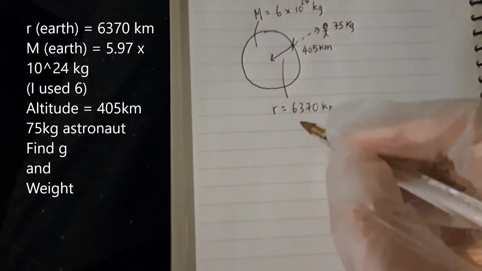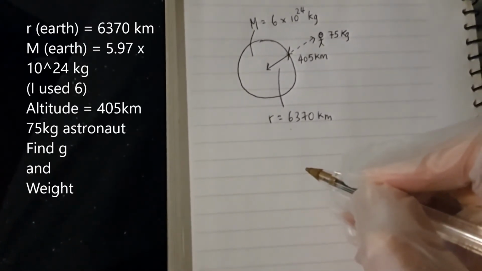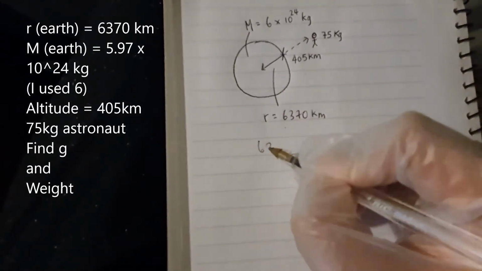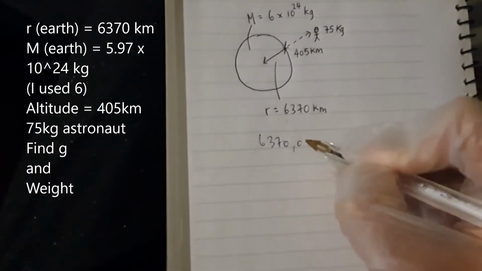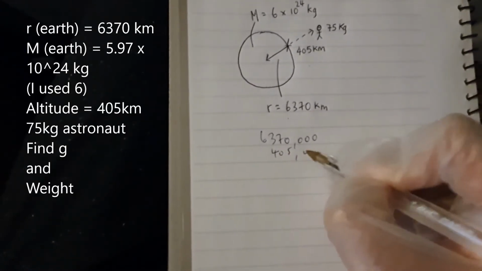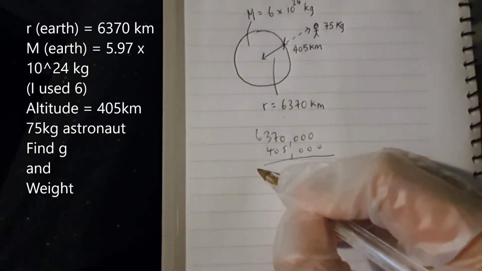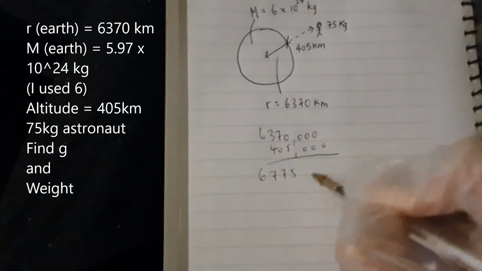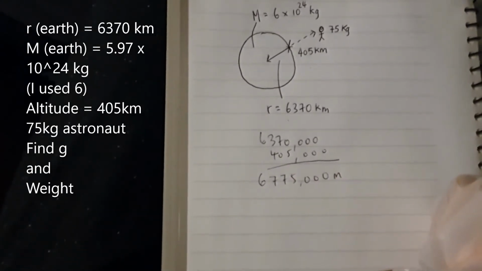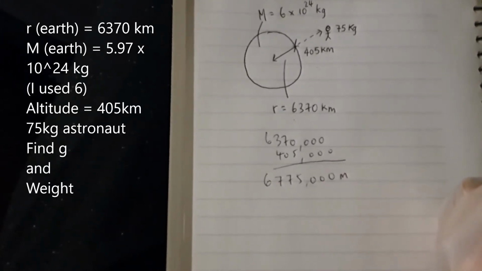So here you have 6,370 kilometers, and you have the distance 405, so you add them together, and you end up with 6,775 kilometers.